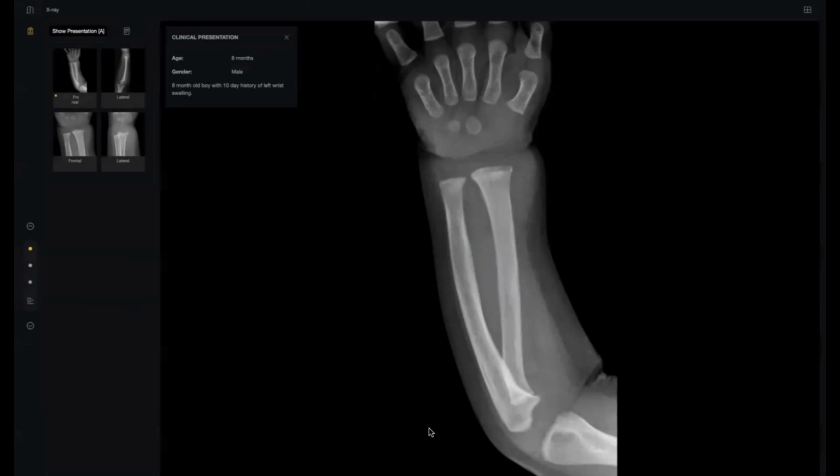There are no breaks in the cortex to suggest any fracture or any bowing or buckling of the bone. What is your next step? My next step, I think, is to ask for a lateral view. Excellent. This is the lateral view.